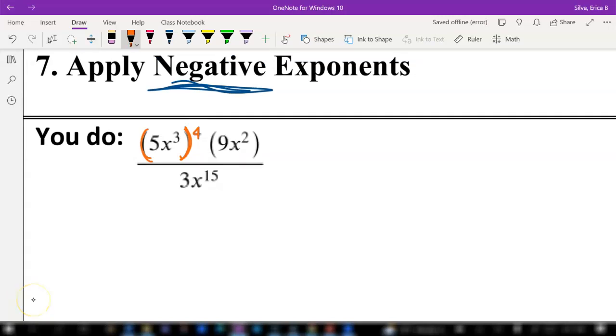An exponent on the outside, that means each one will get that exponent. And if it already has an exponent greater than 1, we need to multiply them. So here we have 5 to the 4th, and then we have x, 3 times 4. 3 times 4 is 12, so we get x to the 12th power. This one doesn't have an exponent other than 1, so we really just have to write it again.